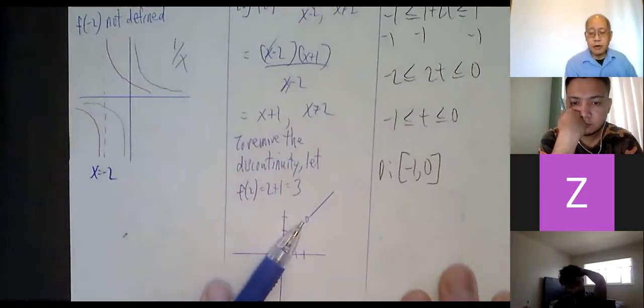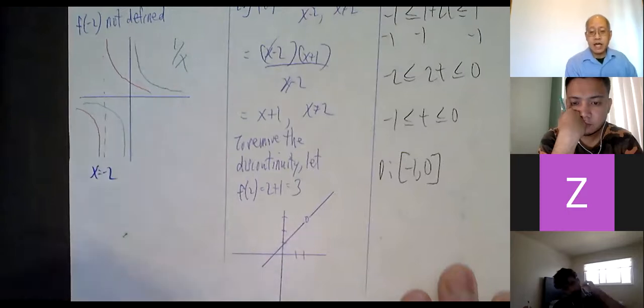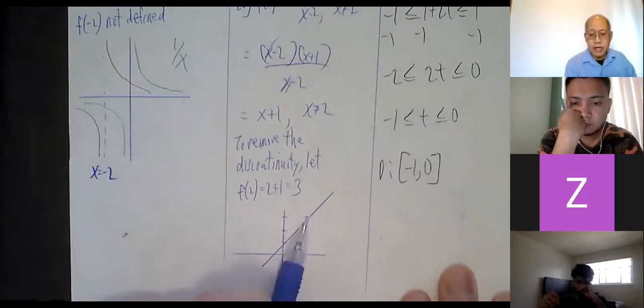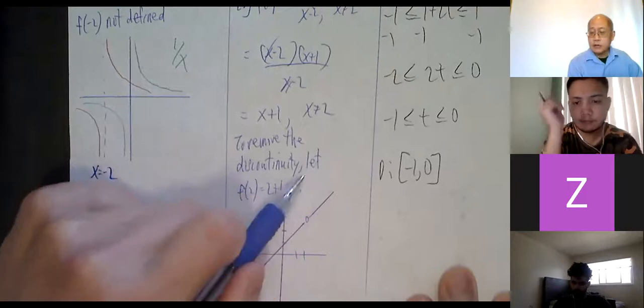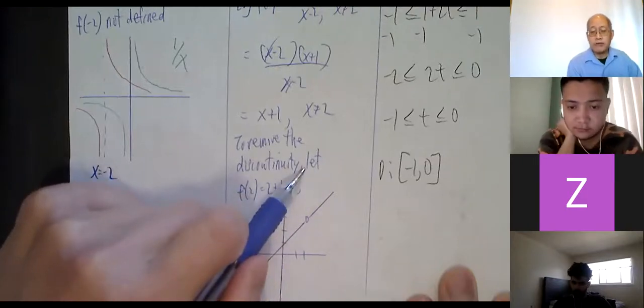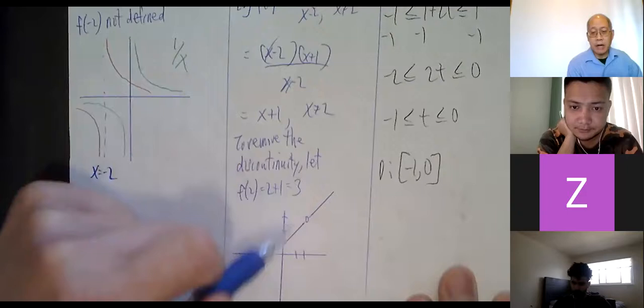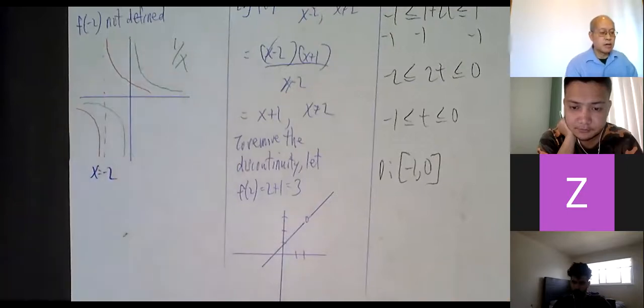Is this a removable discontinuity? Yes. If I define f of 2 to be 3, I would simply plug up the hole. So this is a removable discontinuity. Now, if you have a graph that ends up jumping up to here, there's no way I can plug up the hole. That's a jump discontinuity. I would not be able to plug up the hole, so to speak.